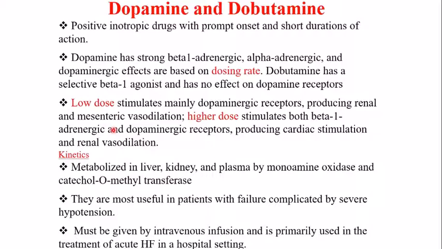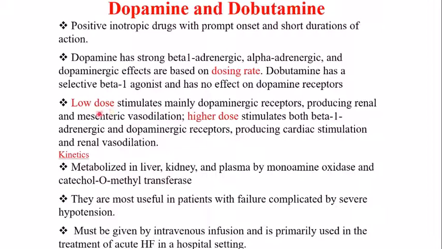I would like to tell you that dopamine is a strong beta 1 adrenergic and alpha 1 adrenergic drug, and its effects are dose related. Dobutamine is a selective beta 1 agonist and has no effect on dopamine receptors.